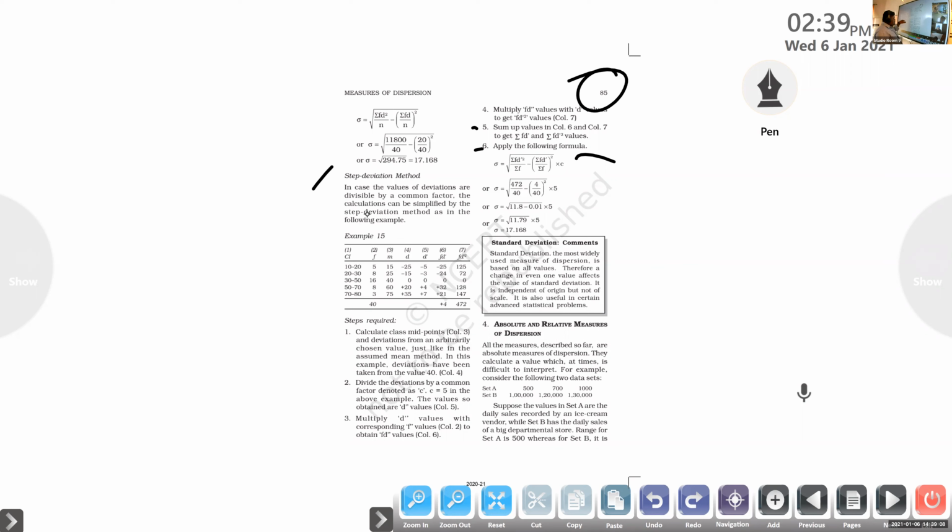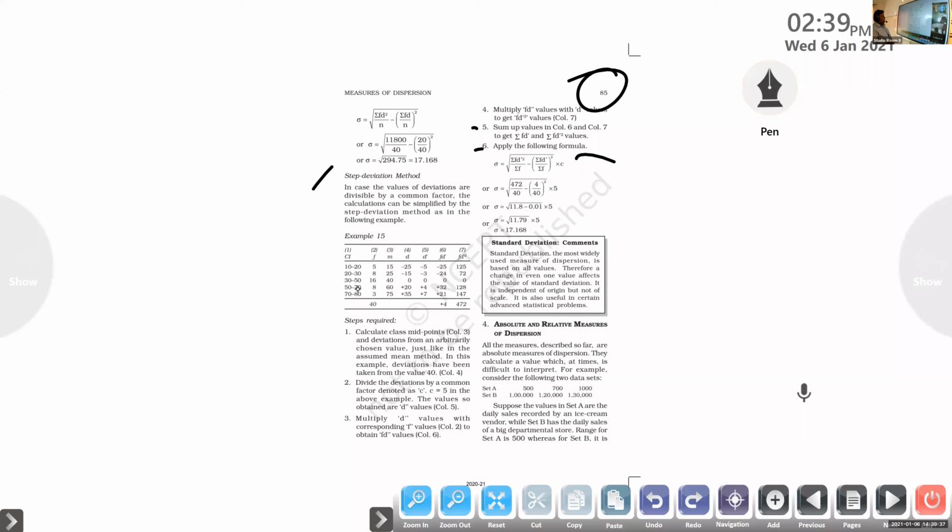So 10 plus 20 divided by 2, that is 30 divided by 2, it is 15. 20 plus 30 divided by 2, 25. 30 plus 50 divided by 2, 40. 50 plus 70 divided by 2, 60. And 70 plus 80 divided by 2, that is 75. So we find out the midpoints: 15, 25, 40, 60 and 75.